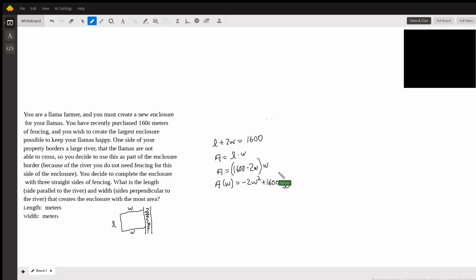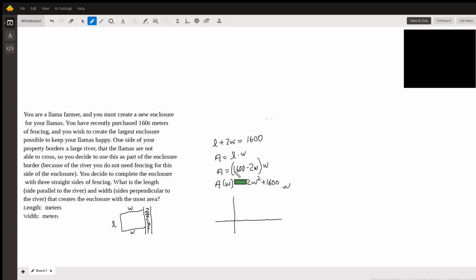It's conflicting with this video box. Sorry about that. But it's negative 2W squared plus 1,600W. Okay. Now, I'm sure everybody can recognize this as a parabola because it's a quadratic equation. It has a second degree equation here.